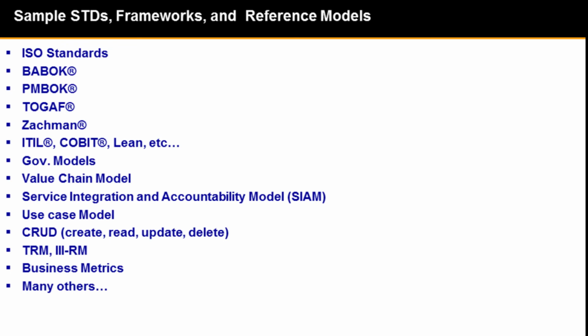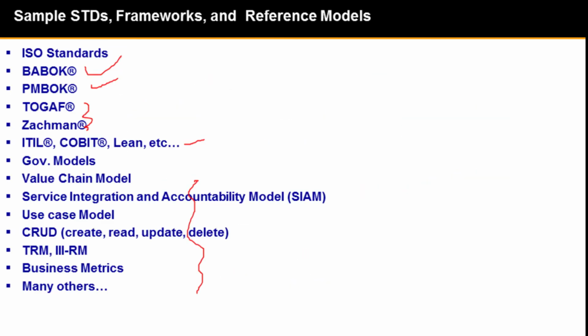Something like BABOK, for those of you who are familiar with business analysis, PMBOK, if you're familiar with project management, enterprise architecture, TOGAF and Zachman, process, governance and controls, ITIL, COBIT, lean, and so on. And there are a whole bunch of many others along the way that you can use depending on what kind of organization and what kind of work you do.